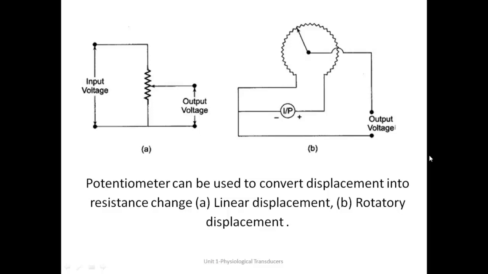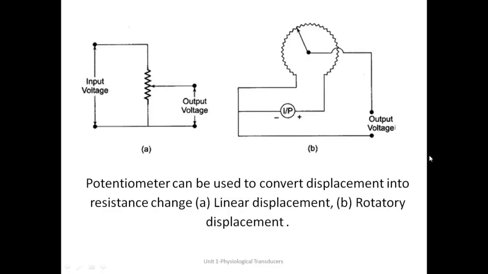As there is a movement in that particular element, this tap also moves up and down, and as it moves up and down, the effective resistance in the circuit actually changes. Okay, and as the resistance changes, definitely the output voltage which is being shown in your voltmeter will change.